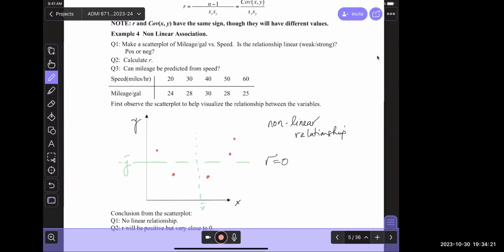There's actually something called a non-linear relationship, a curve. Okay, so be careful. Just because R is 0 doesn't mean that there's no pattern. There might be a pattern, but it's not a line. That's why it's important to draw your scatter plot first.